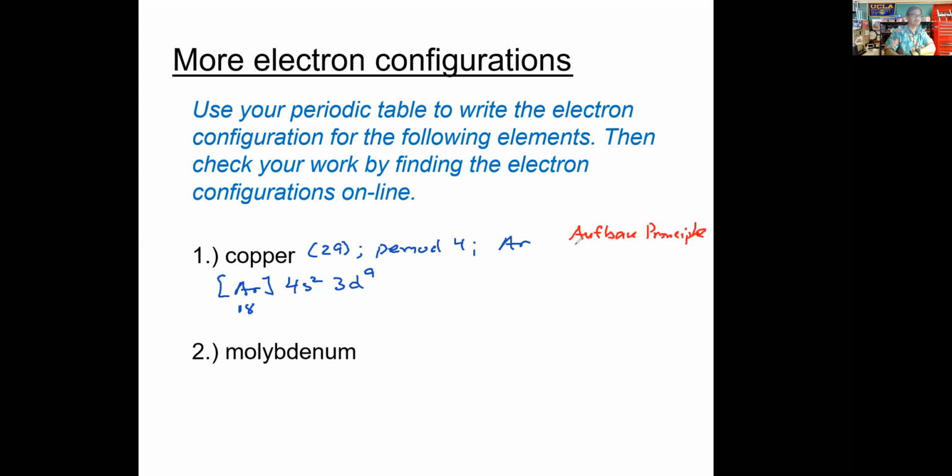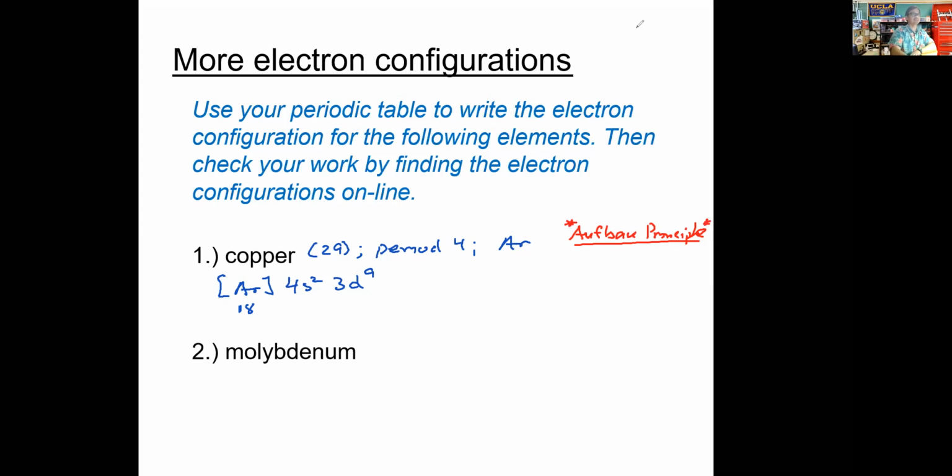The Aufbau principle tells us that electrons have to fill the lower energy levels and sublevels first before they go on to fill the higher energy sublevels and levels. So we expect the 4s orbital to fill in before the 3d orbitals, and that's where we get this electron configuration. We followed the Aufbau principle. We did what we were told.